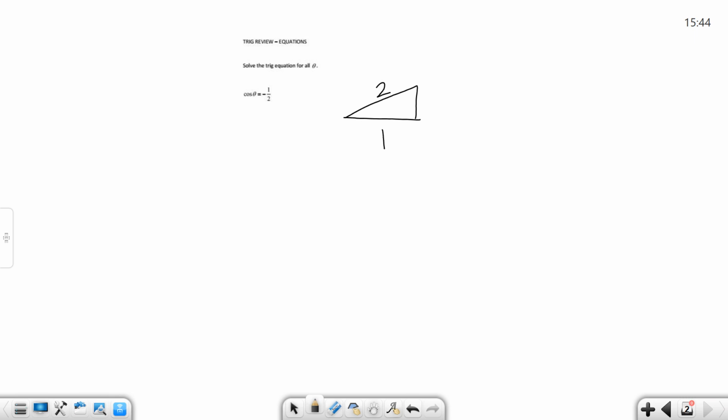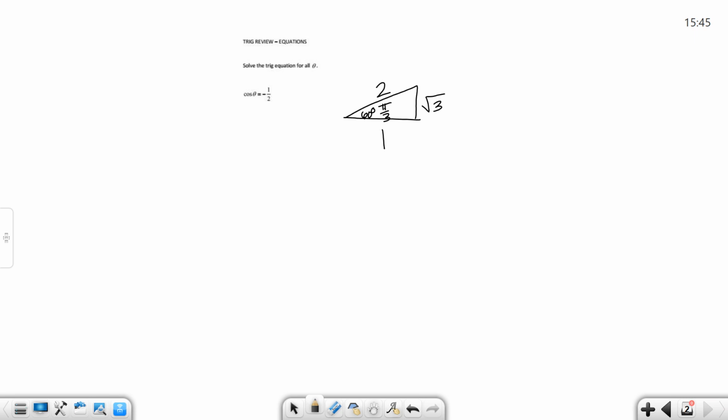So if I look at those two particular values, I know that the missing side is square root of 3, because I'm prepared to know that the ratios for these triangles are 1, 2, and the square root of 3. So I knew it was going to be the square root of 3. I know that what's opposite the square root of 3 is 60 degrees, and I know that 60 degrees is pi over 3. So I know my reference angle is going to be pi over 3. That's not my answer, but I know the reference angle is pi over 3.